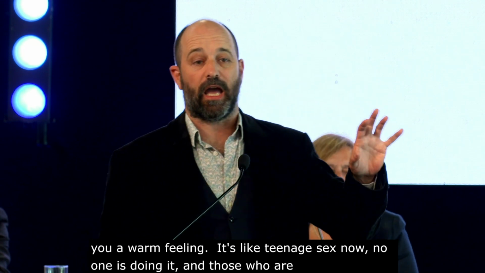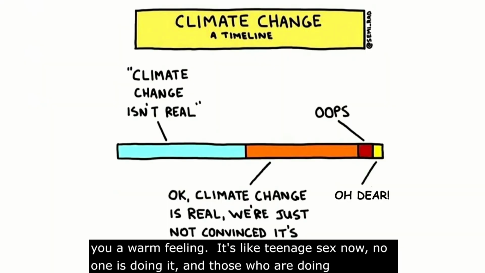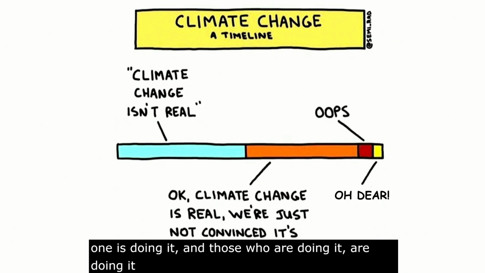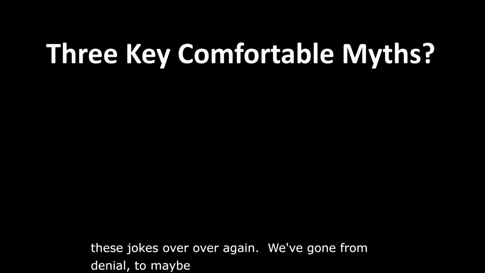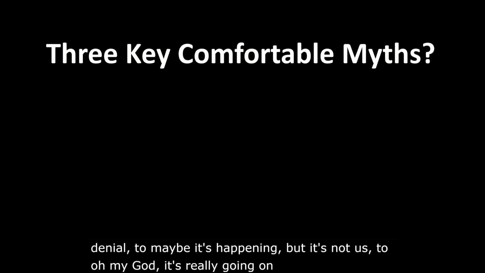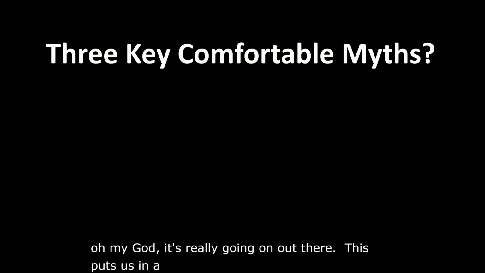But the issue here is we've gone from denial to, oh, well, yeah, maybe it's happening, but it's not us, to, oh my God, this is really going on out there. And that puts us into a difficult position. So I put it to you that we're telling ourselves three key comfortable myths.